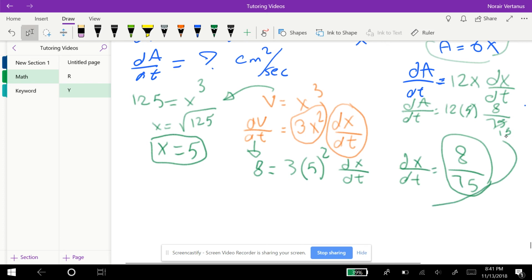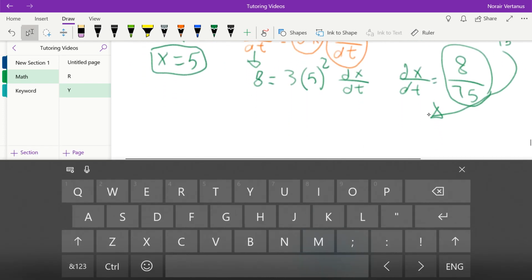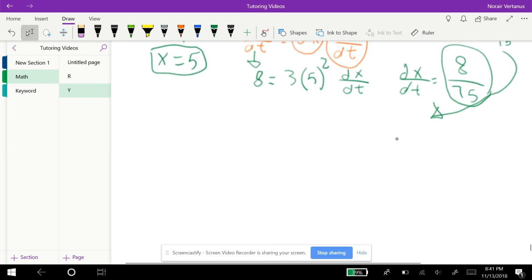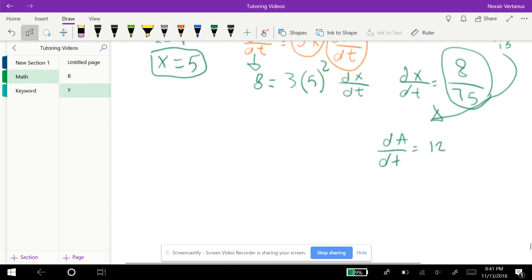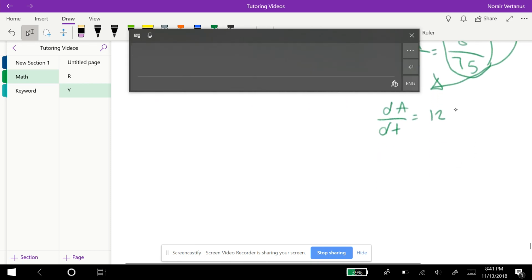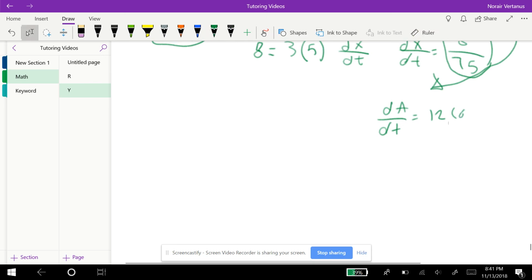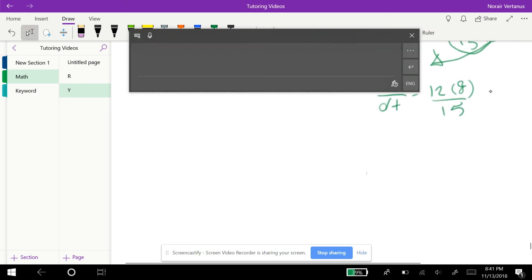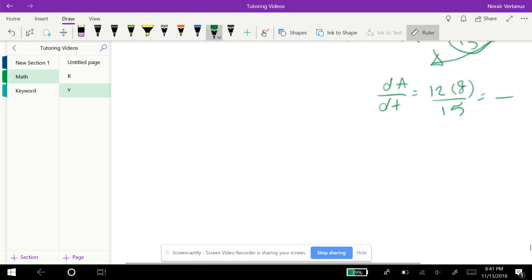So dA/dt is equal to 12 times 8 divided by 15, which is 96 over 15 centimeters squared per second. That's how fast the area is changing.